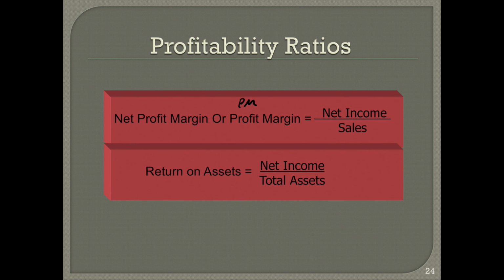Additionally, we also have return on assets. So profit margin really focuses on profit as a percentage of sales, but shareholders also really want to know what type of ROA the company is generating, and there's another one that we'll cover here shortly. But ROA, your return on assets, is how much profit or net income is being generated from your asset investment.